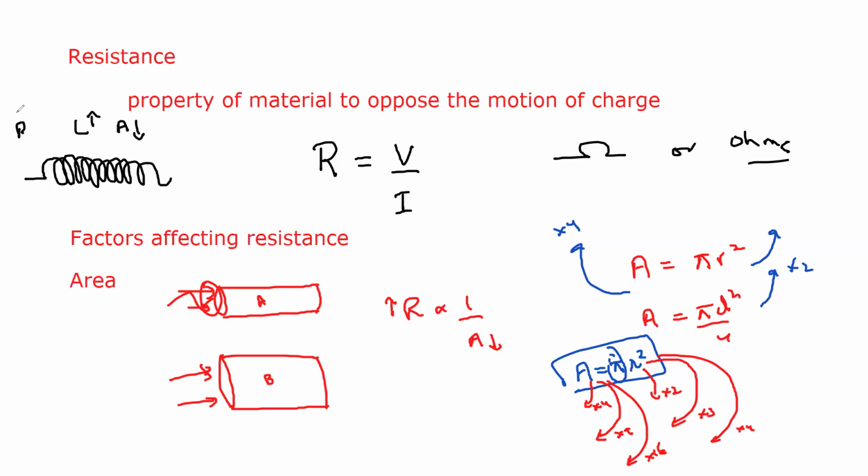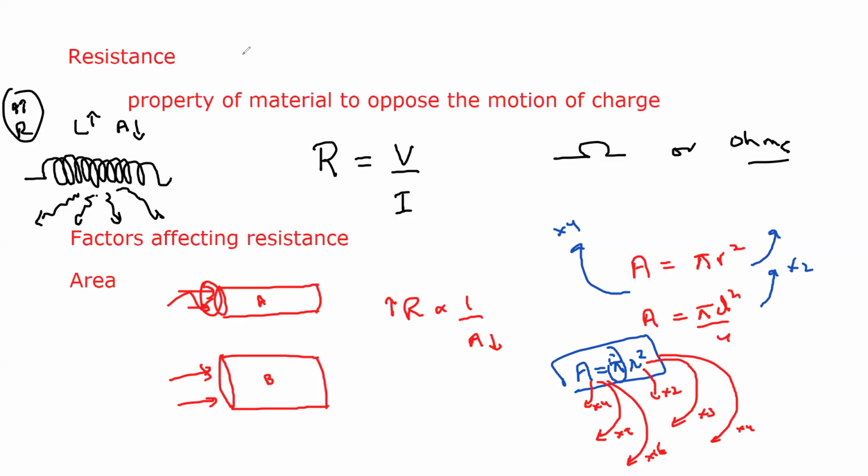As a result of both of these, it will have a high resistance. The greater the resistance, the greater the energy change, like in the form of heat. That's why the heating coil or the filament of the bulb always has a very thin wire with a small cross-sectional area, as well as coiled, so it will have a longer length.